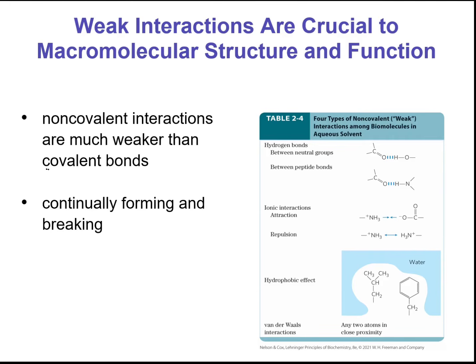So covalent bonds, again, that is within the molecule itself. So think about the bond between the oxygen and the hydrogen within a single water molecule. The non-covalent interactions that we're talking about are between two water molecules, let's say. And they're always forming and breaking.